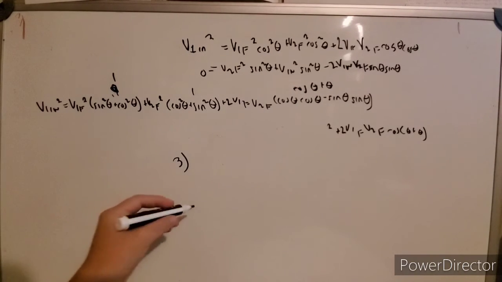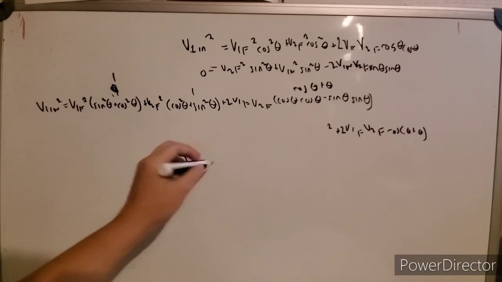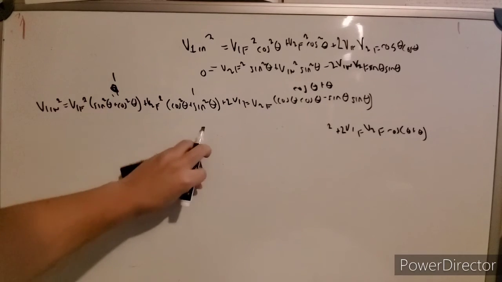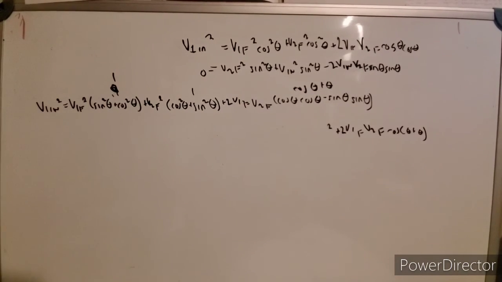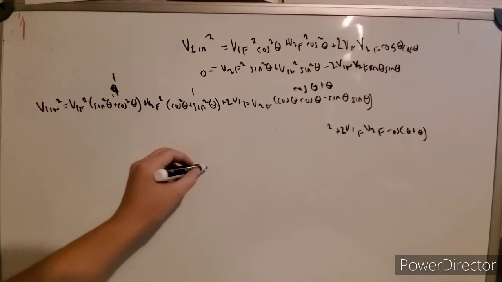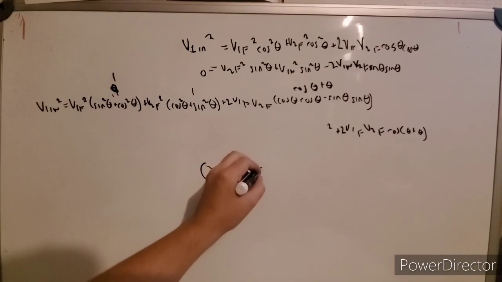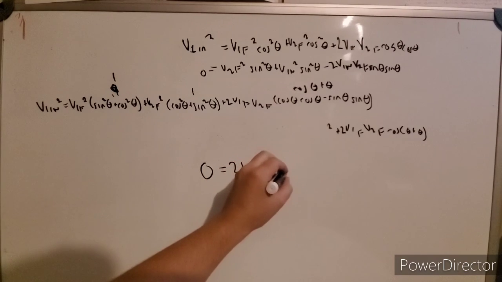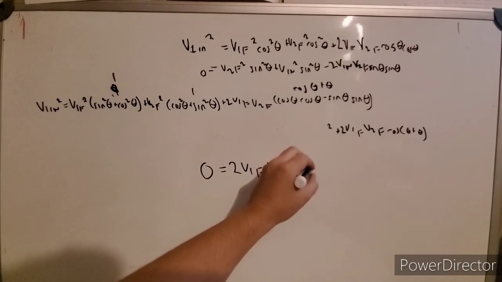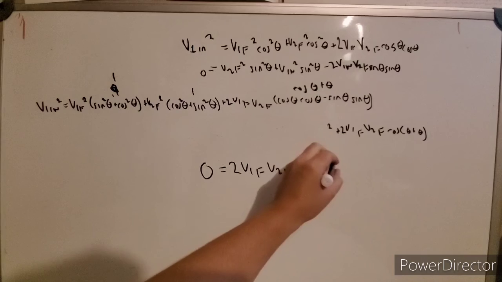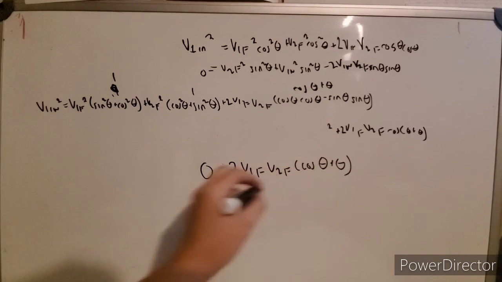So our equation now is 0 equal to 2 v1 final and v2 final cosine of theta plus theta.